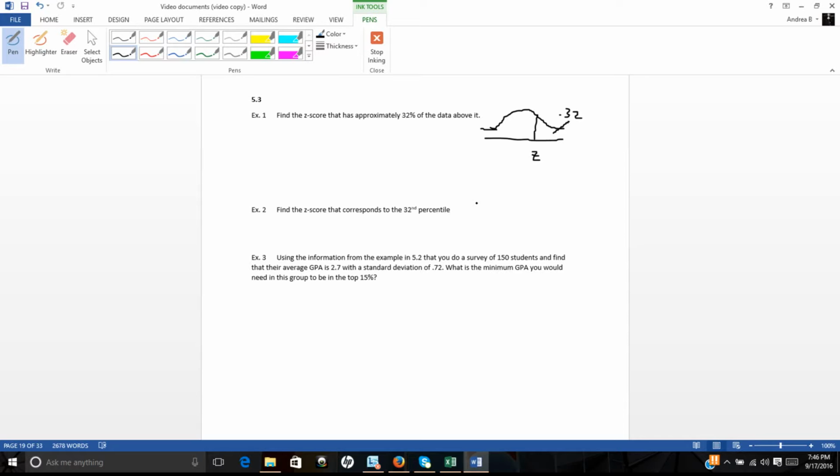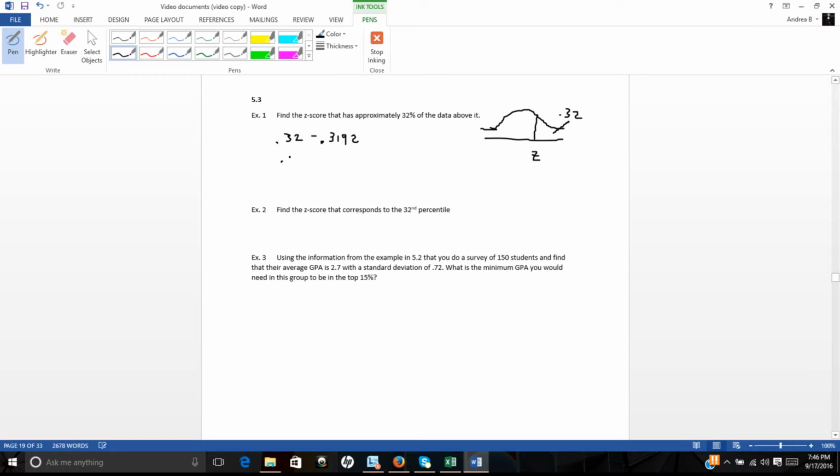So if we're looking up an area that's close to 0.32, one of them that's close to it in the chart that we can subtract from 0.32 to see which one's closest would be 0.3192. Once again, you're looking in the middle section of the chart this time instead of along the sides, looking at the areas.